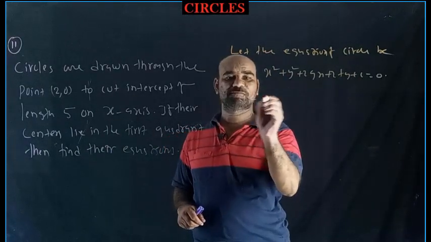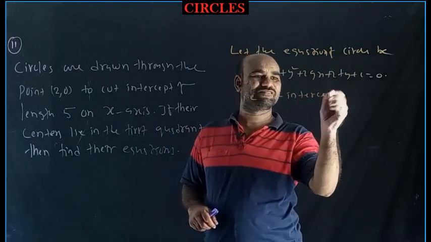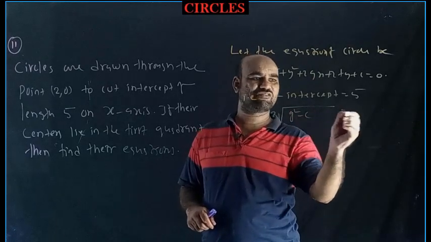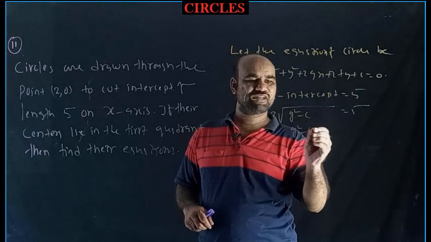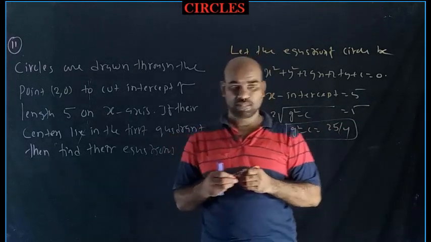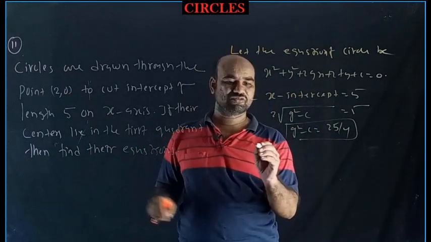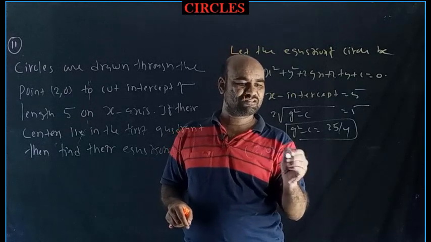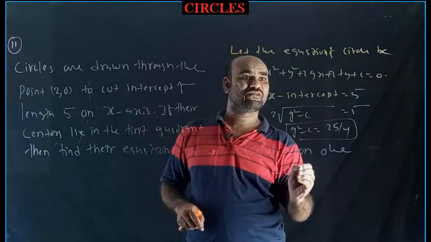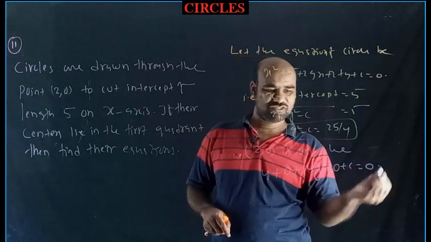Condition number 1, x-intercept equal to 5, means 2 into root over g square minus c equal to 5, or g square minus c is equal to 25 by 4. This is one relation. Another one: (2,0) is on the circle, passing through (2,0). 4 plus 0 plus 4g plus 0 plus c equal to 0.